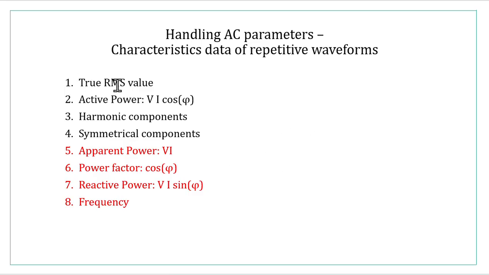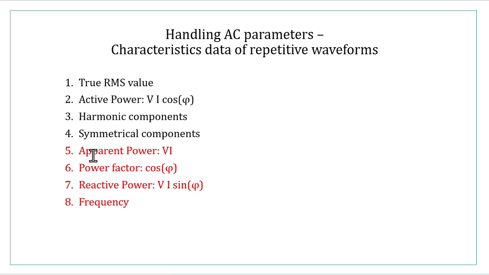So you are able now to measure practically the true RMS value, the active power, and a variety of harmonic components and symmetrical components. Now we will do today apparent power, power factor, reactive power, and frequency, right?